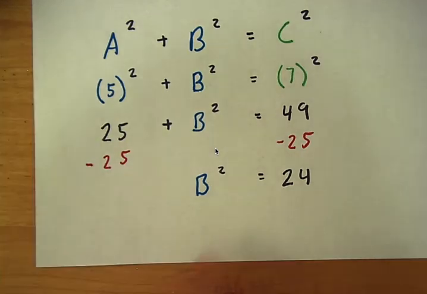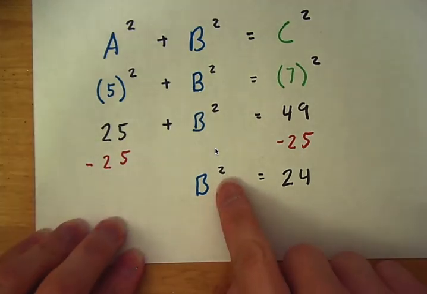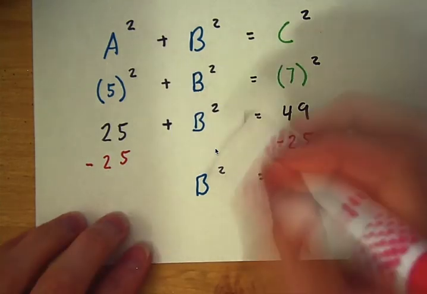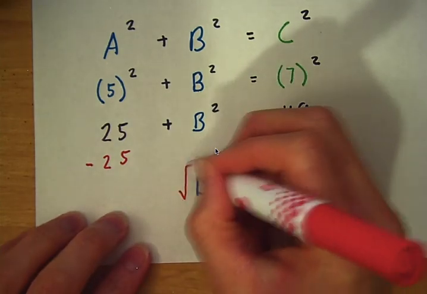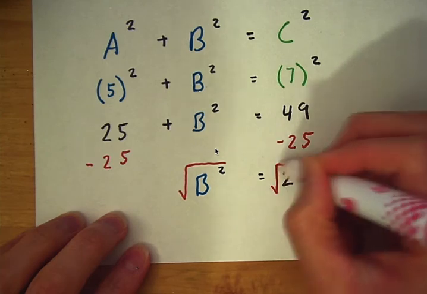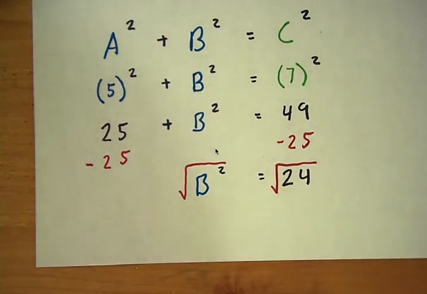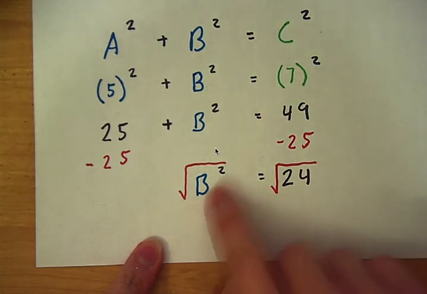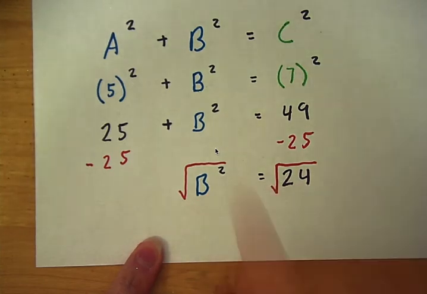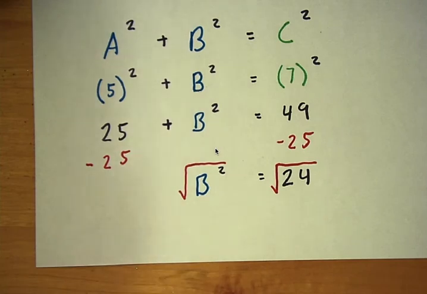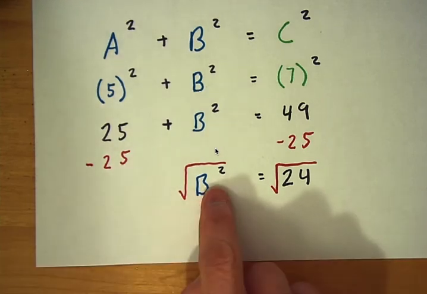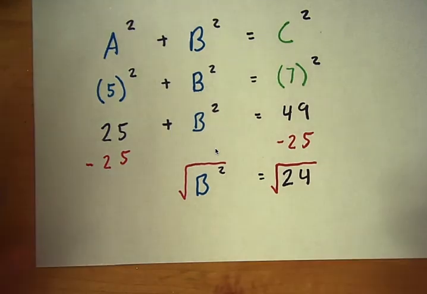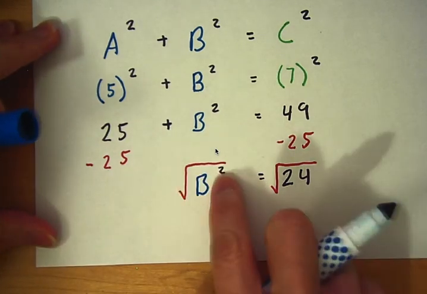The opposite, to get b by itself now, the opposite of this squared, I'm going to do square root to both sides. Quick thing to notice is b squared equals 24. B squared has 2 solutions. When I square root the b squared, it will split this into 2 possible solutions. The square root and that squared cancels out.